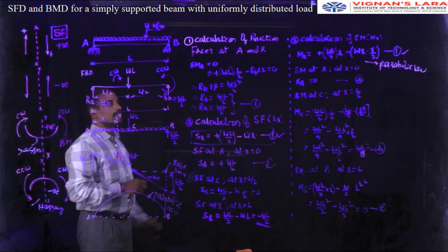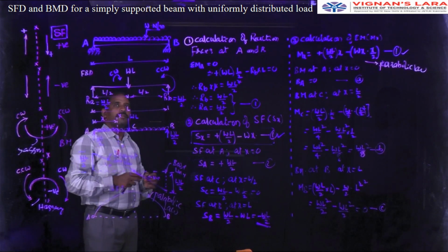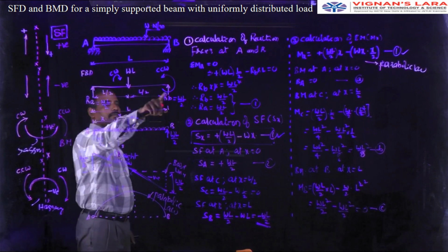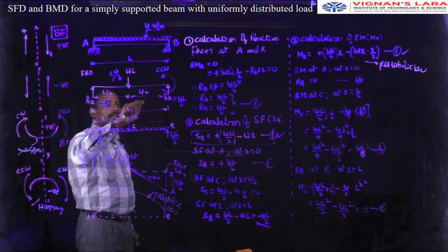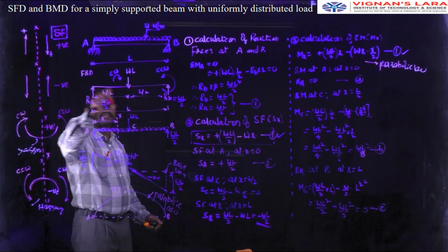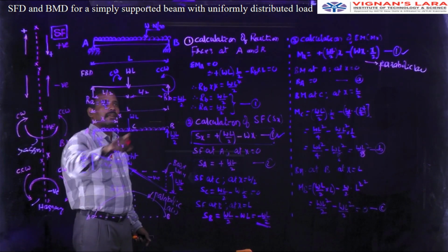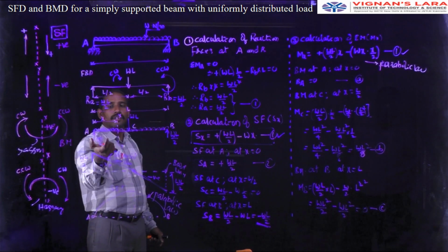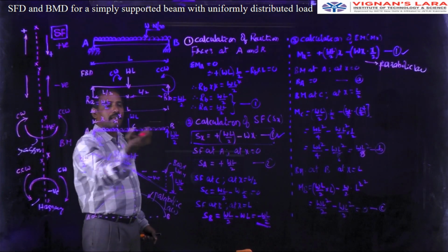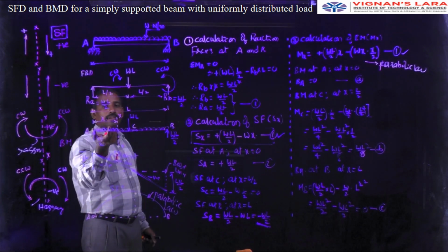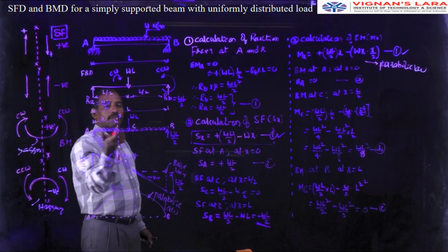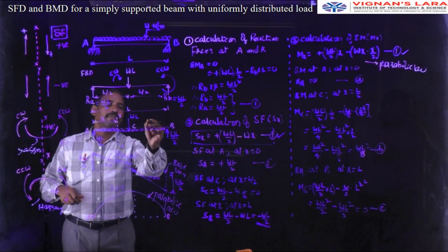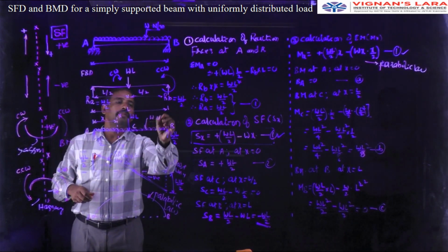So what we did, initially we calculated the reaction forces at A and B by drawing the free body diagram. Then we calculated the shear force. While calculating the shear force, we know the values at A as well as B, and we know the load is distributed over a distance L at the rate of W Newton per meter.